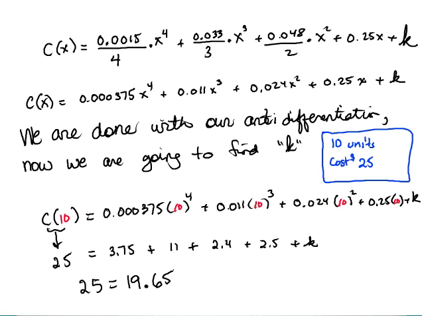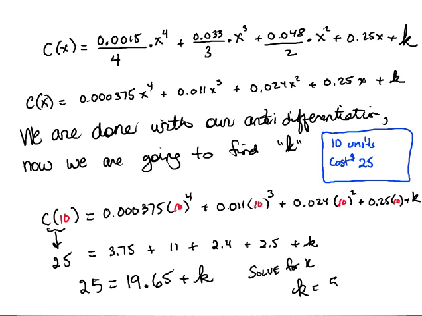Okay, that's right, Scooter. So once we plug in 10, this is a number, this is a number, this is a number, this is a number. Add those all together, we get 19.65. Solve for K. And we get K equals 5.35.